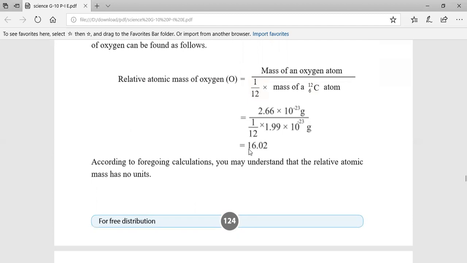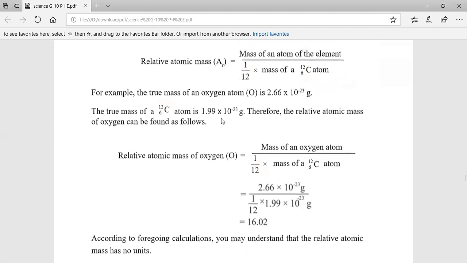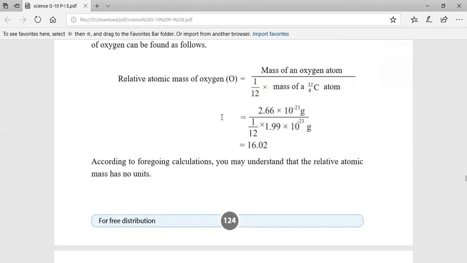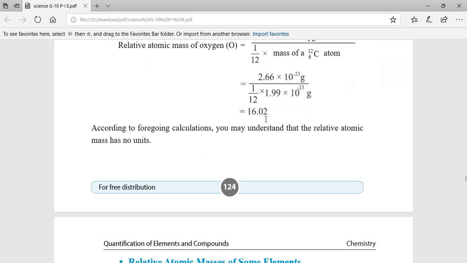Then the answer is 16.02. You know, the relative atomic mass of oxygen we call 16.